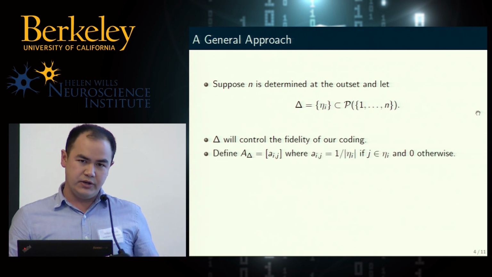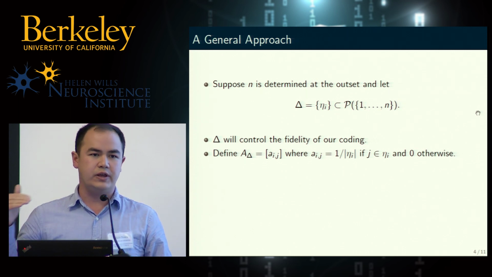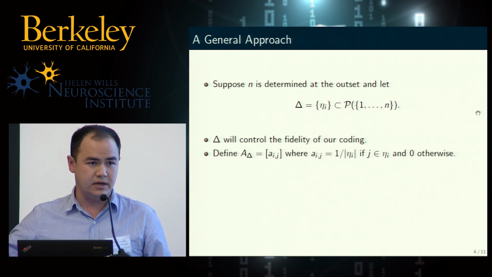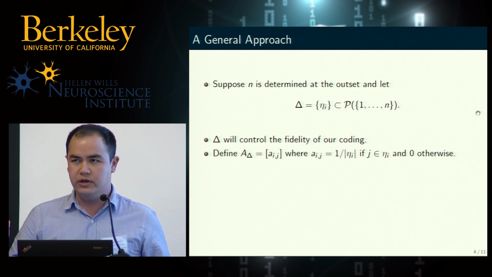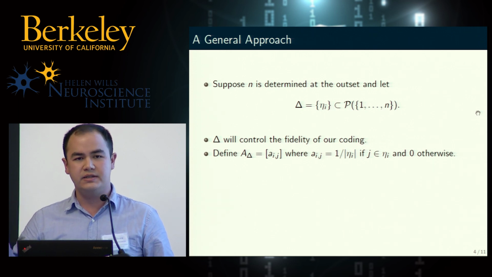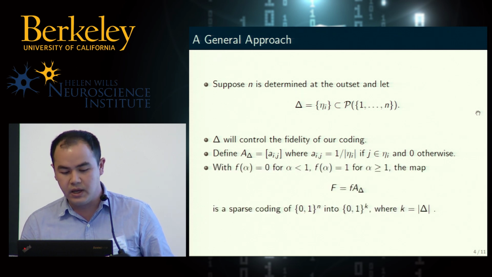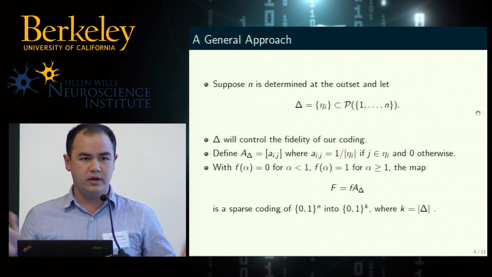And then we define our weight matrix where each of the rows corresponds with an eta i in delta. Okay, and the entries are going to be positive if those indices are in eta i, and then we normalize over the size of eta i. And then we threshold at 1 because it's convenient.